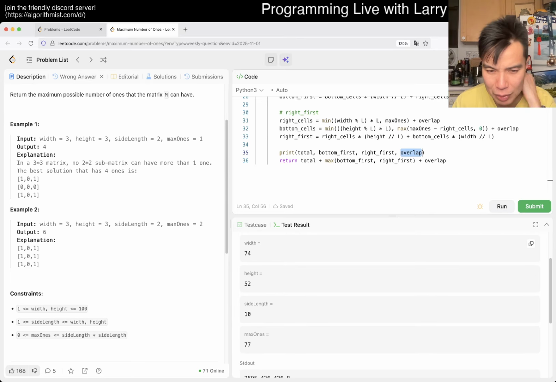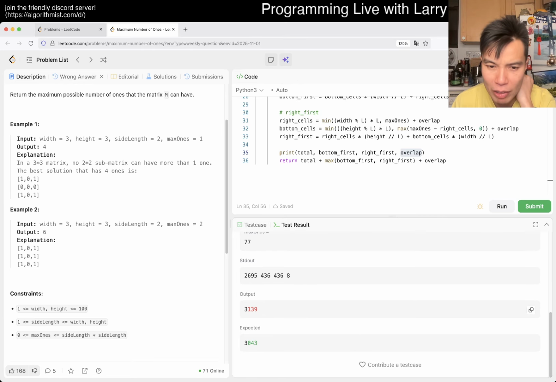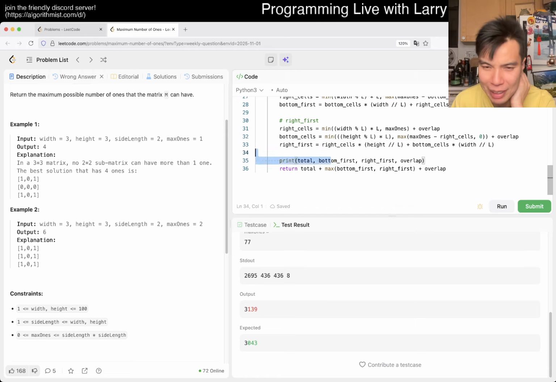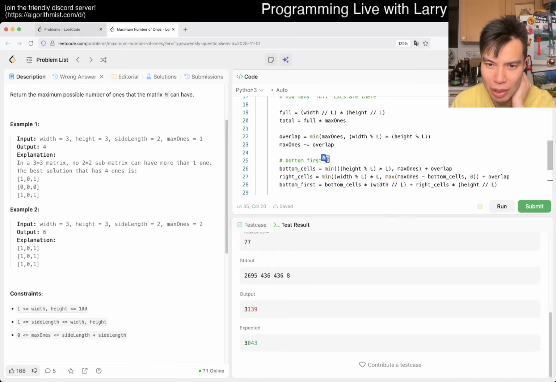I mean, it's 4 by 2 extra overlap space, so 8 makes sense. But I'm getting also higher, so that means that something is really wrong, right? But the bottom first or right first has the same number, so it's not that. It's not total either. I mean, it must be that because total is just trivial, I think.